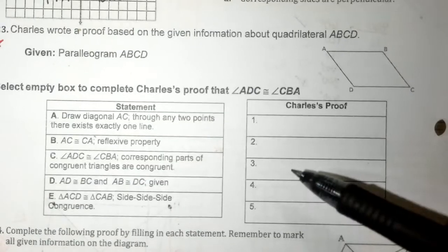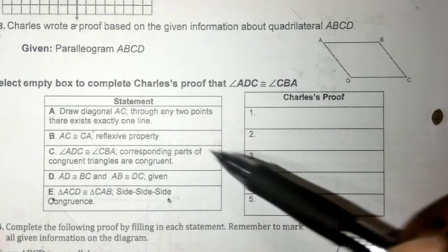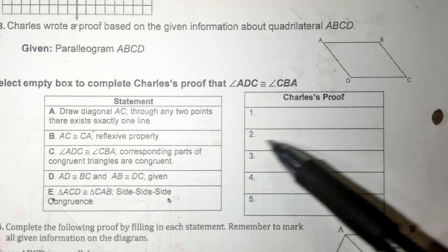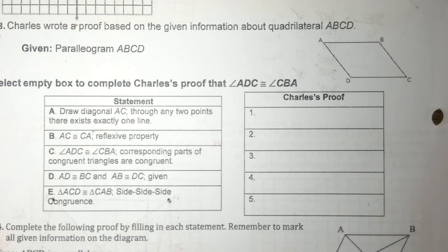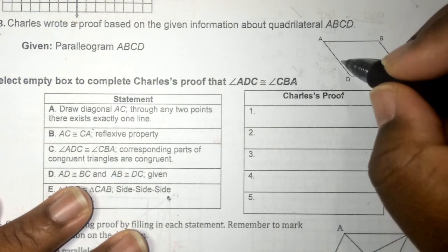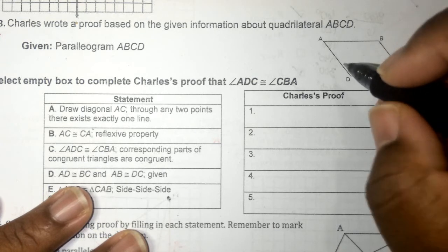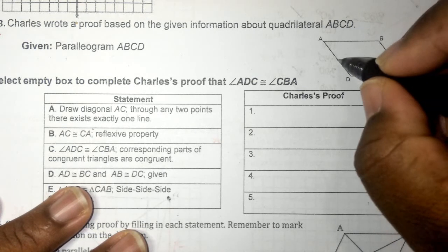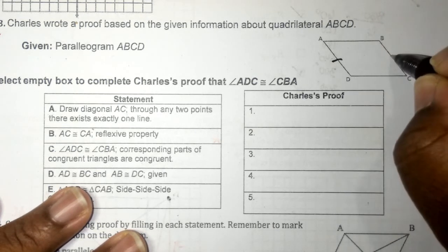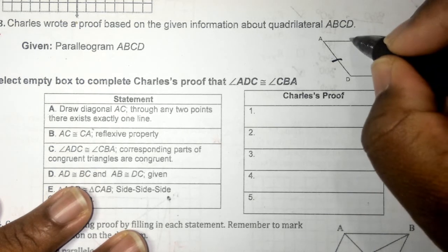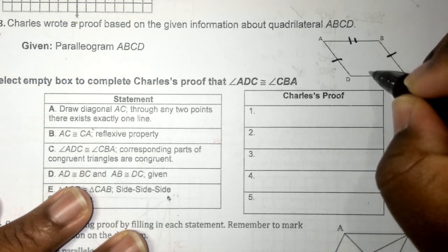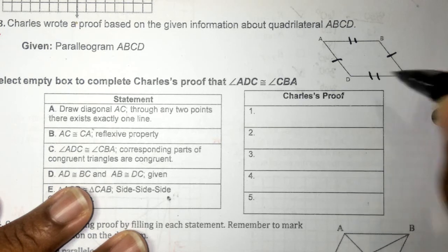Alright, so we just need to put this proof in order. This proof is kind of already all filled out. We just need to put it in the correct order. Things that I'm going to mark on here first though: they call this a parallelogram, so I'm going to go ahead and say that opposite sides are congruent. So AD is congruent to BC, and then AB is congruent to CD, like that.